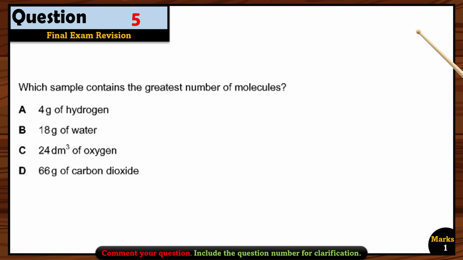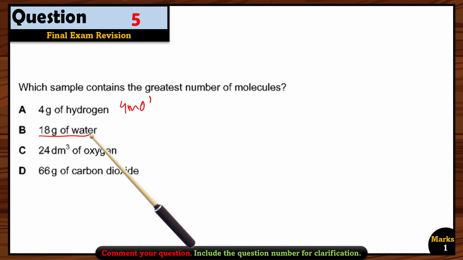Question number 5. Which sample contains the greatest number of molecules? Again, it's the same question. You just have to find the moles. The one which has more moles will have more molecules. Let's see, for 4 gram of hydrogen, again it is 4 moles.